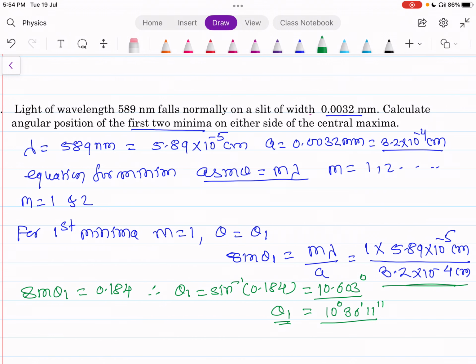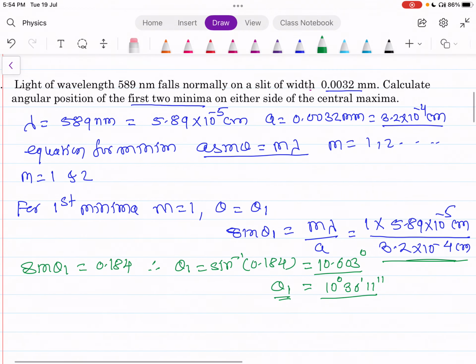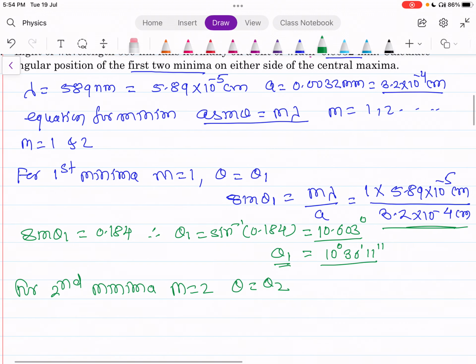Then let us find this angle for the second order. For the second minima, m equals 2 and theta is equal to theta 2.